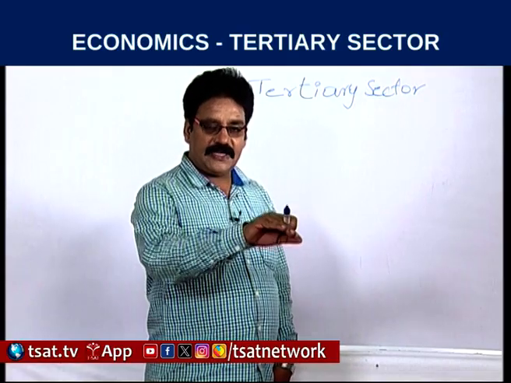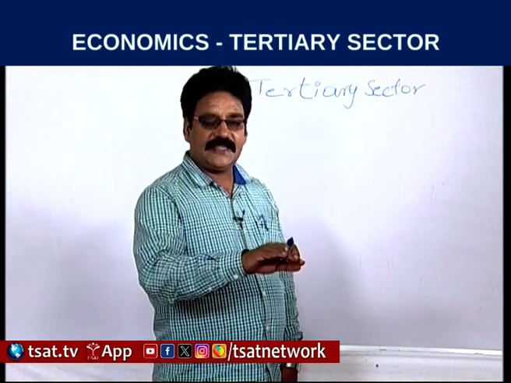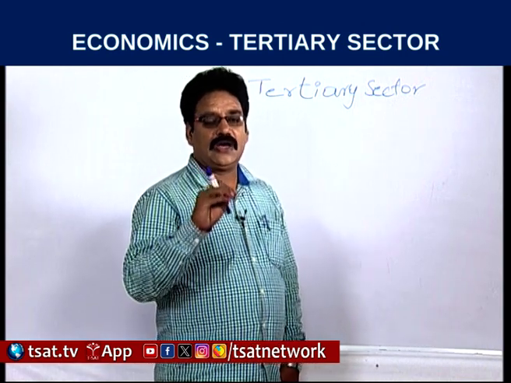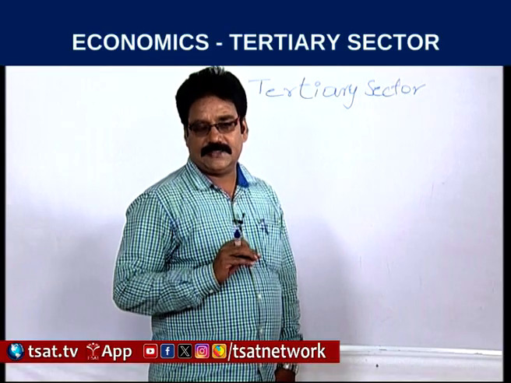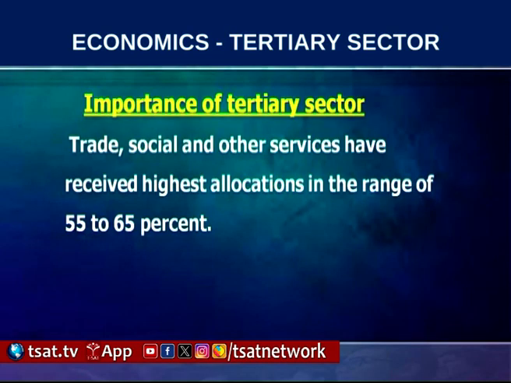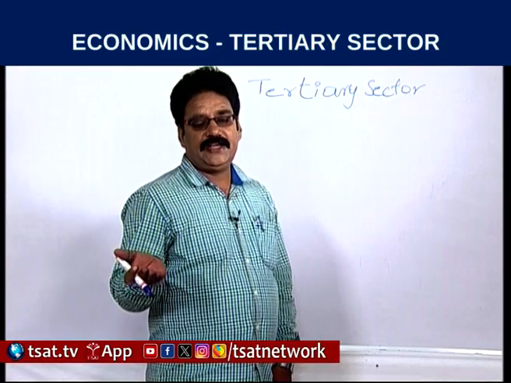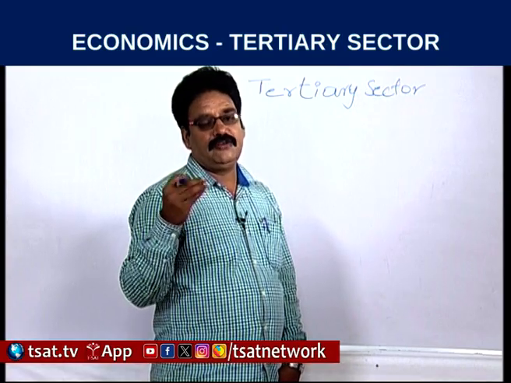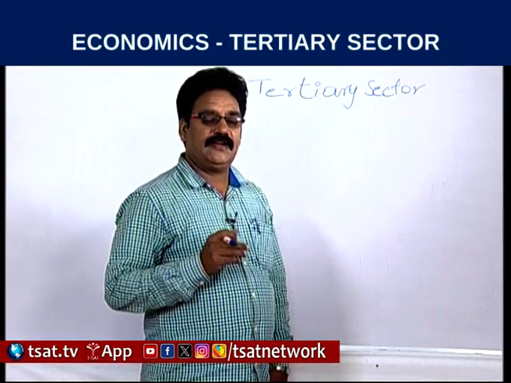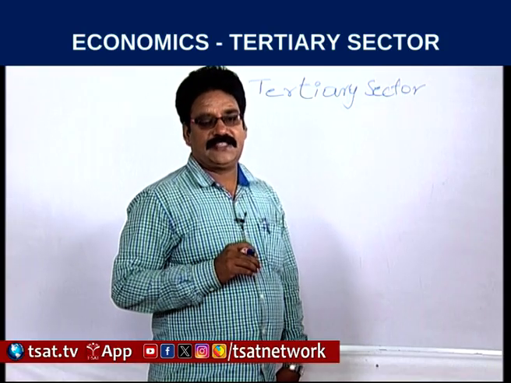So all the resources are allotted to this particular sector. It is attracting more resources; plan-wise allocations to the different sectors show 55 to 65% of the total resources allotted to the service sector. By improving the quality and quantity of the services, we can automatically improve the quality and quantity of production in other sectors also.